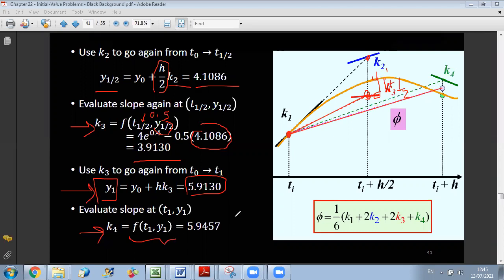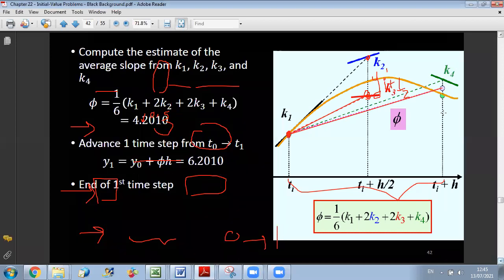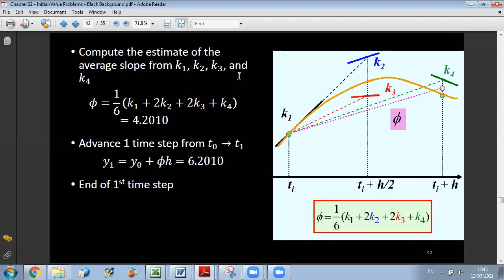In this way, we proceeded through the first time step from 0 to 1. We got 4 coefficients k1, k2, k3, k4. Now we can find an estimate from these 4 coefficients. Our phi will be calculated as 1 over 6 of k1 plus 2k2 plus 2k3 plus k4.